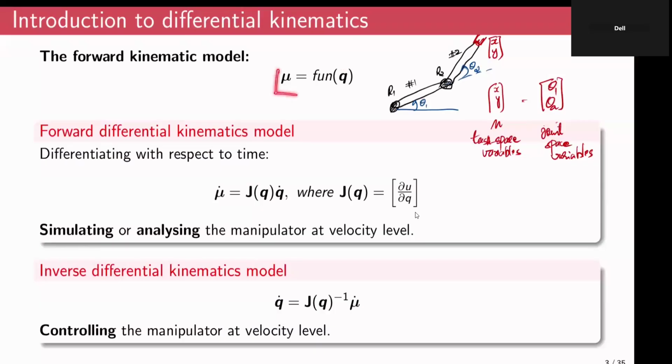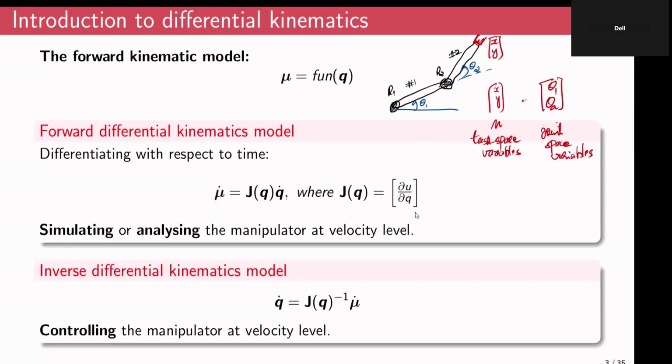If you differentiate this equation, you will end up with an equation which can be represented in matrix and vector form. If you take the derivative of mu with respect to time, you will get mu dot.